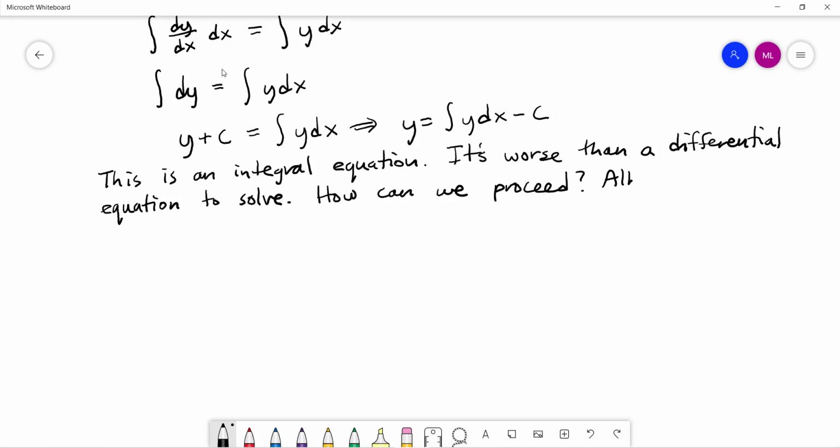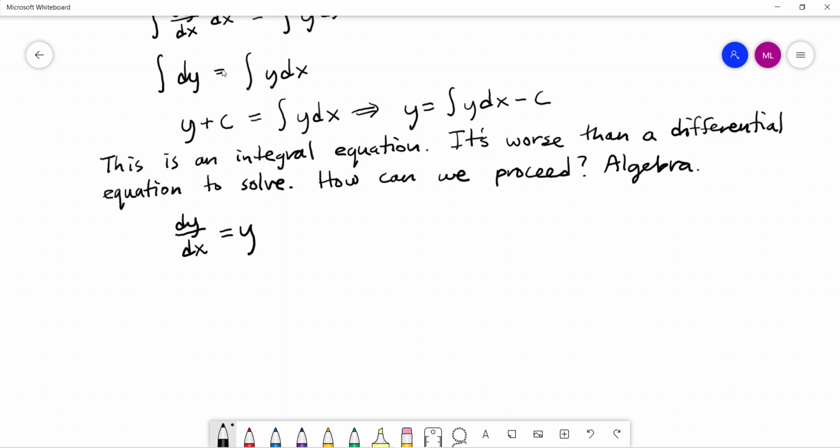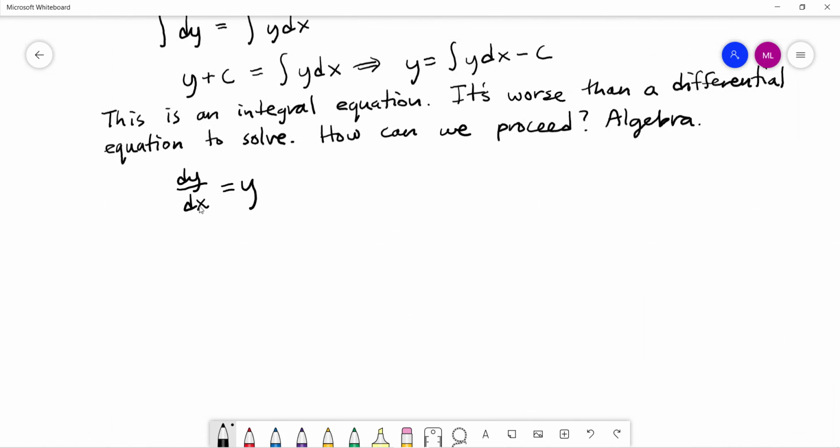Let's do a bit of algebra. I'm going to go back to our original equation, dy/dx equals y, and I'm going to isolate all the y's together on one side of the equal sign and all the x's on the other side. In this particular case, let's say I want to keep the y's on the left-hand side. I have the dy on the left-hand side already, but I have y on the right-hand side. How do I get rid of the y on the right-hand side?